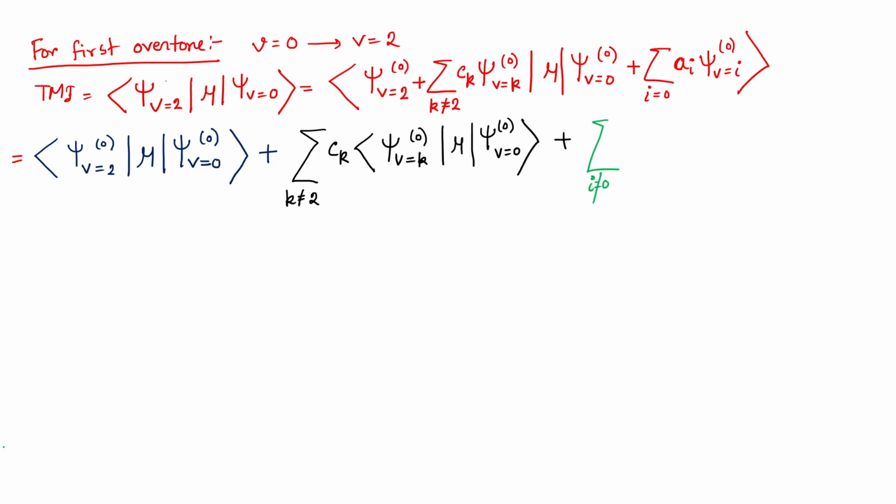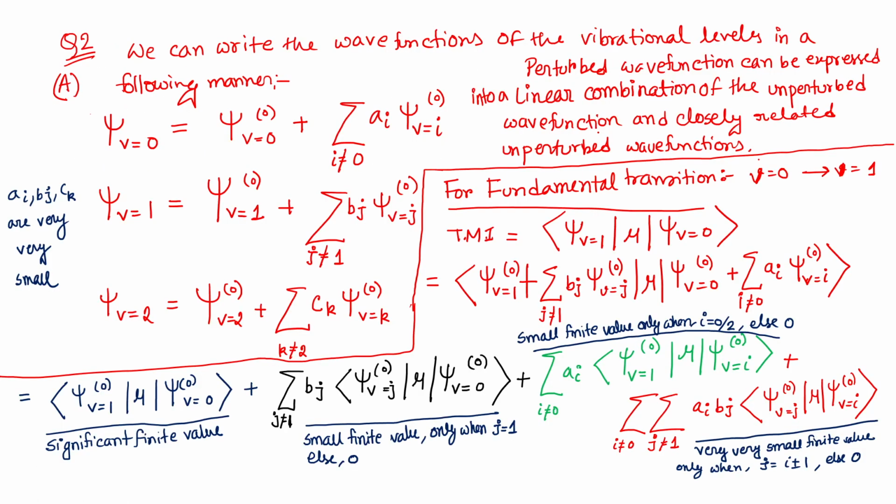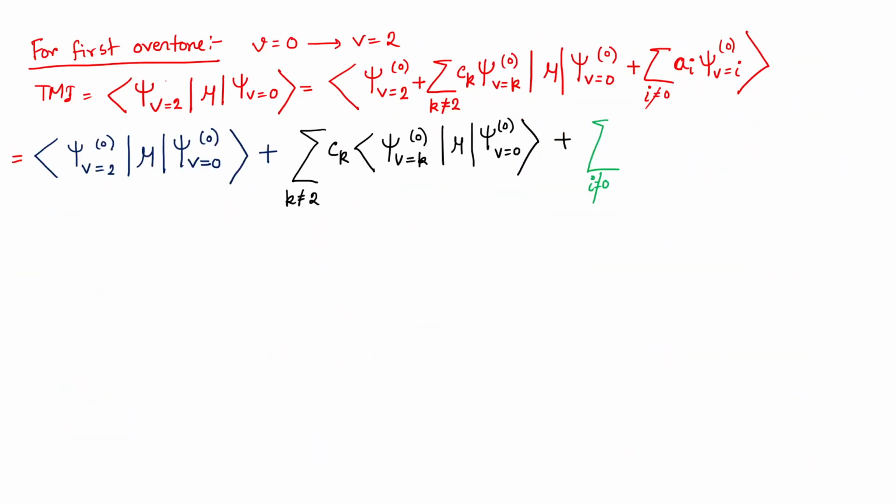Here this is not equal to 0. I was just checking if I have made any mistake in the earlier case. So this ai is outside, v equals 2 zeroth, v equals i zeroth. Then there will be another part.